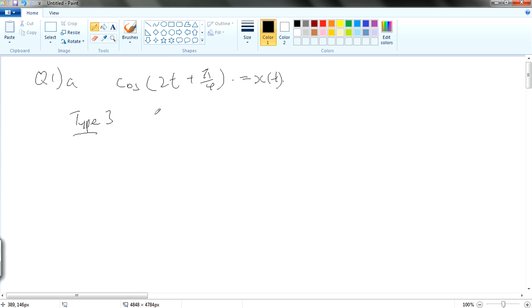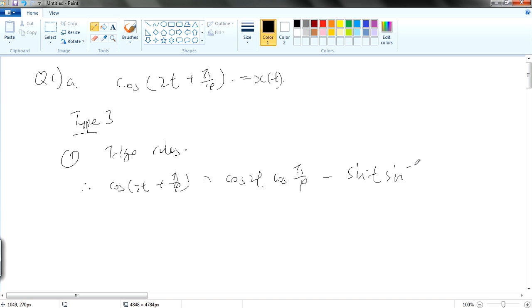I mean type 3 thing. So the first step is to use the trigo rules. Therefore, cosine 2t plus pi over 4 is equal to cosine 2t cosine pi over 4 minus sine 2t sine pi over 4.